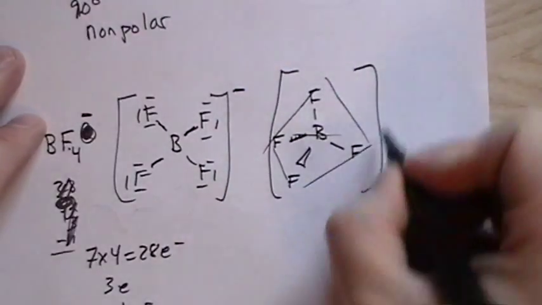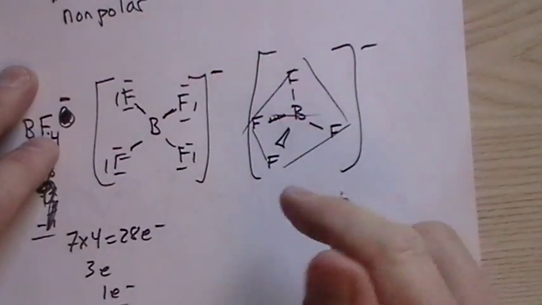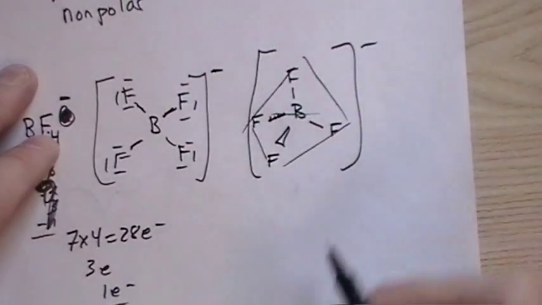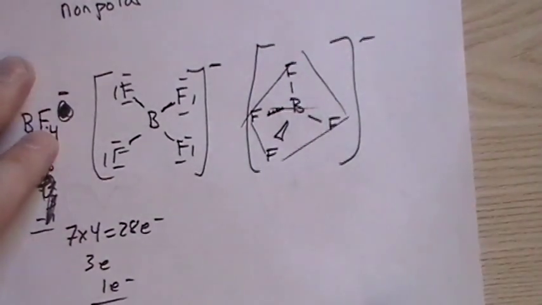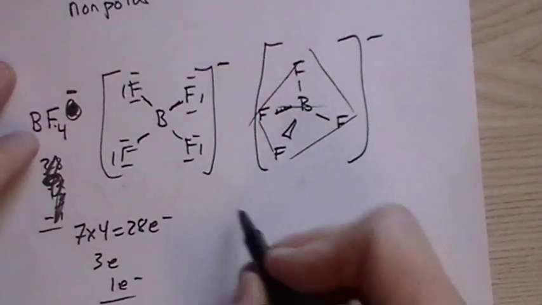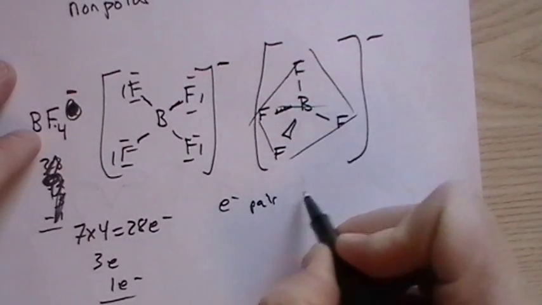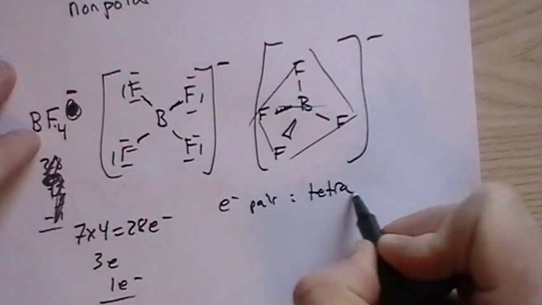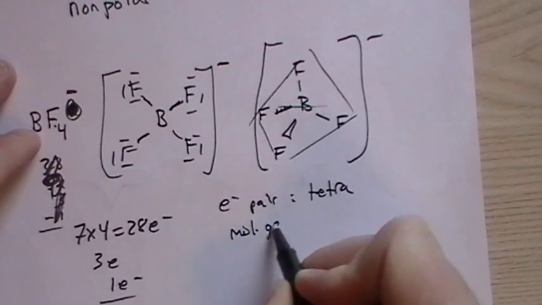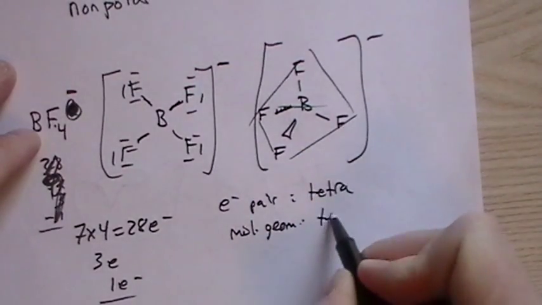We put square brackets around it, always do that so we don't lose track of that minus sign. You'll need to use these square brackets. The electron pair arrangement is tetrahedral. The molecular geometry, since there are no lone pairs, is also tetrahedral.